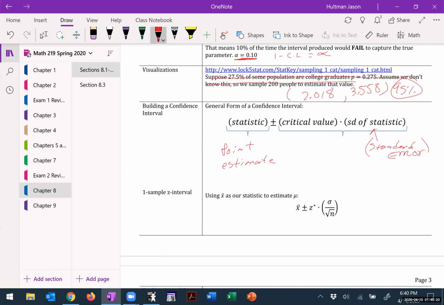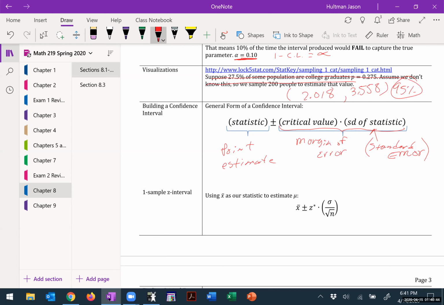And this whole thing, the critical value times the standard error, is called the margin of error. That's how much I'm going up and down.